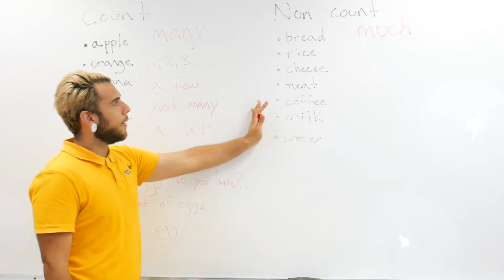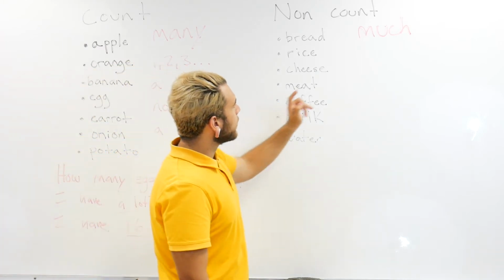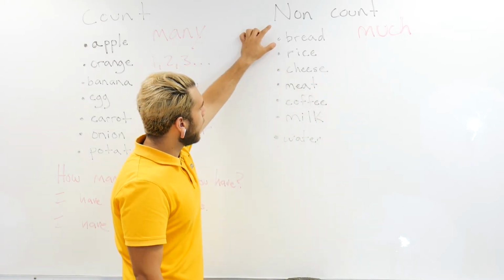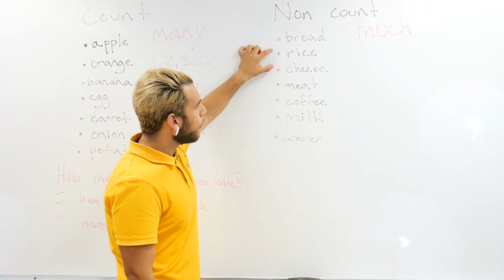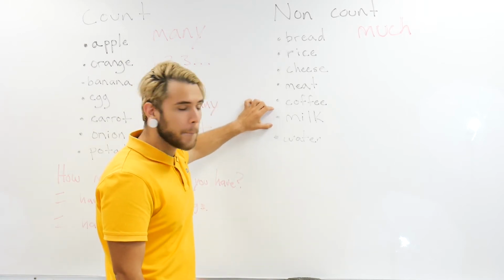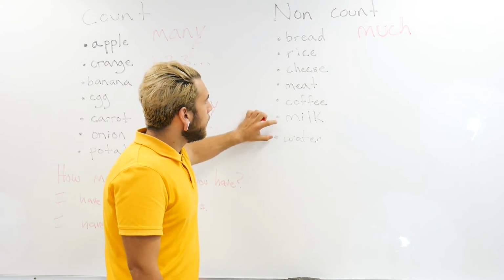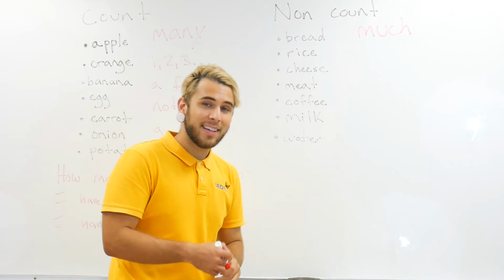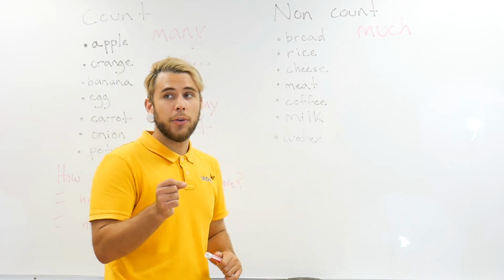Now we go to non-count. And the word we use for non-count is much. Things that are non-count are like bread, rice, cheese, meat, coffee, milk, and water. These things are more difficult to actually count exactly how much you have.